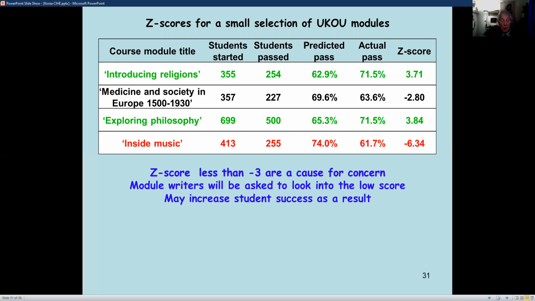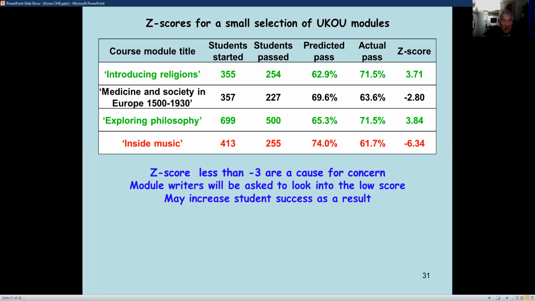So for example, in green, the Introducing Religions and Exploring Philosophy modules are doing better than expected with z-scores greater than +3. These are the modules in green. But the module Inside Music is doing much worse than expected, with a z-score of -6.34.